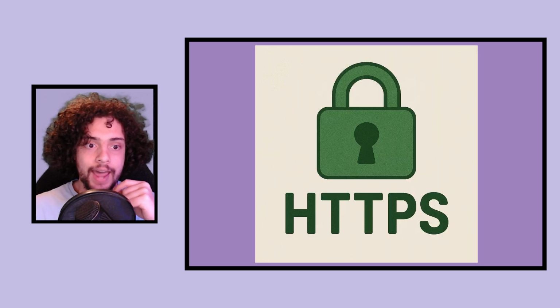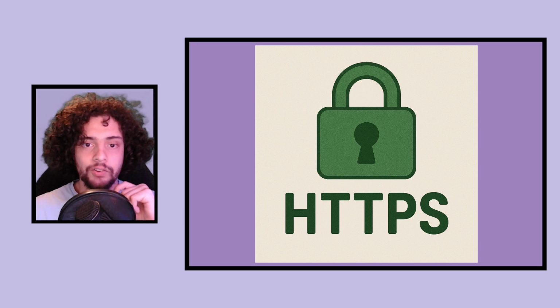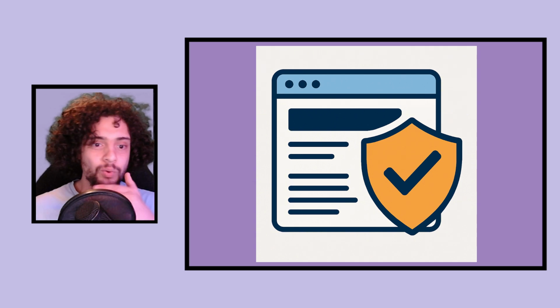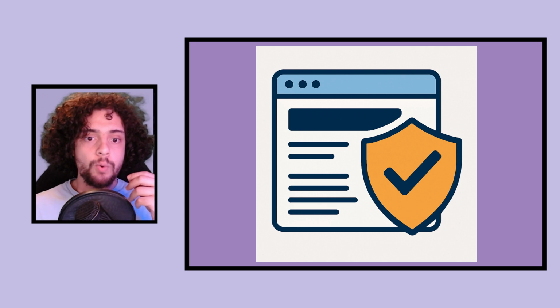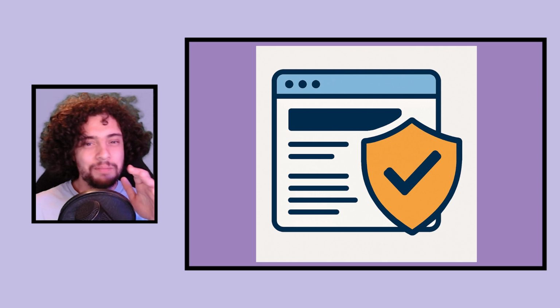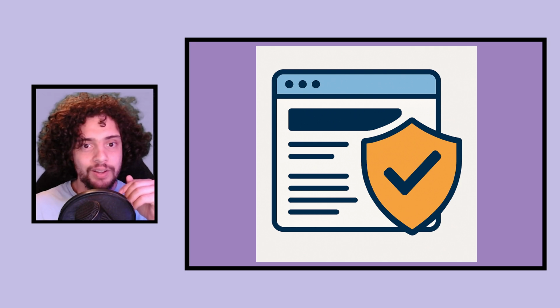Using things like HTTPS encryption, that little padlock that you see in your browser, is a core part of technical SEO. This is making sure that visitors' data is being protected and gives you credibility, which can be kind of a ranking factor in Google's algorithm. Without it, you're not only risking your visitors' safety, you're also telling Google that the site might not be as trustworthy as some others.